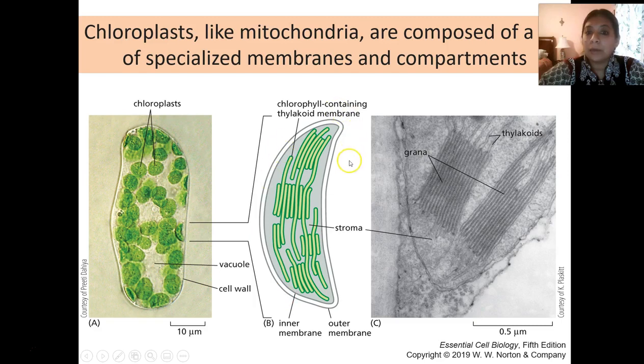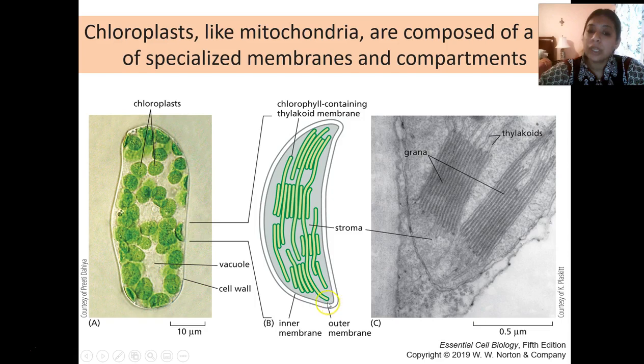And this outer membrane is again, just like a mitochondria, extremely permeable to the cytosolic factors. So a lot more molecules can come in and out of this than a typical plasma membrane. So this is a more permeable membrane than a plasma membrane.